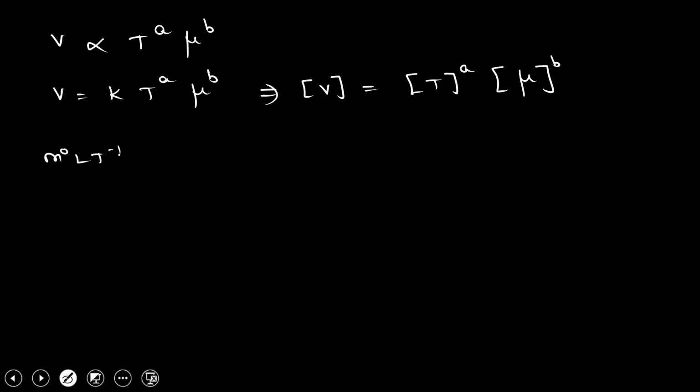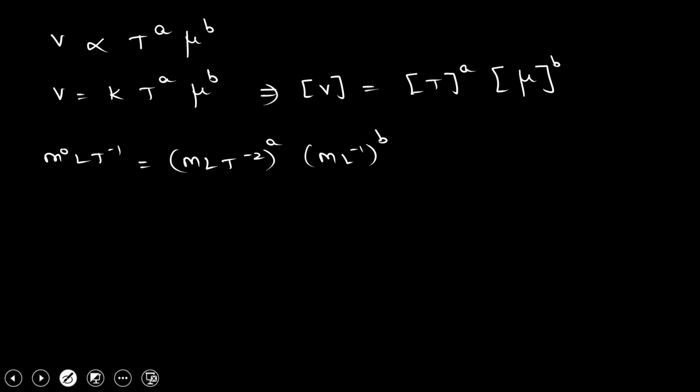What is the dimensional formula of tension? Tension is basically force, and force is mass times acceleration: M L T minus 2 raised to the power a, into mu, which is M L minus 1 raised to the power b. That's the mass per unit length.